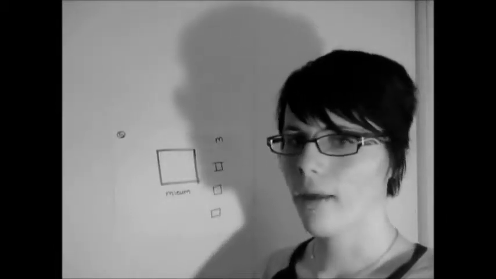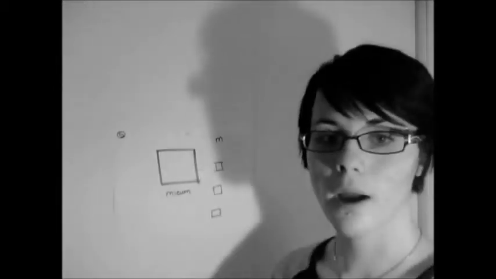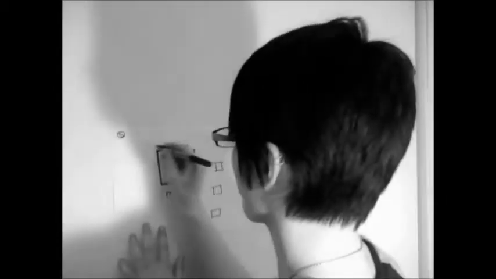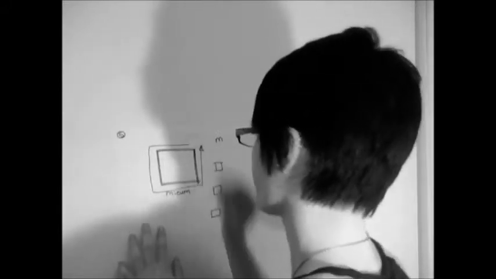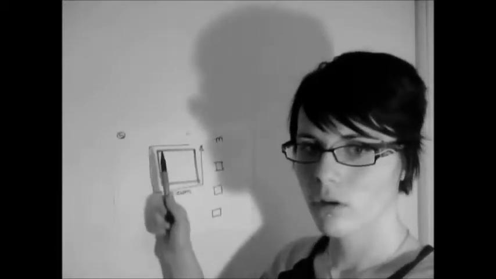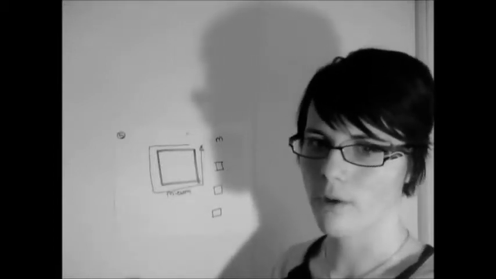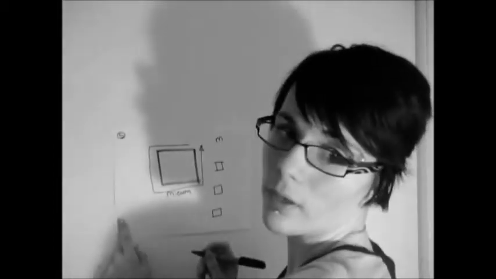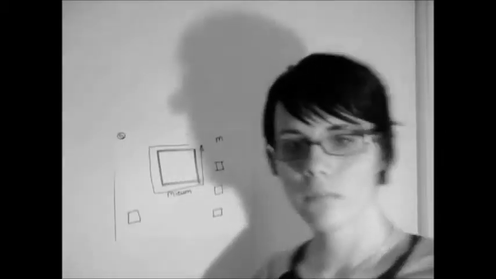You just have to get a box. I like to write mine from the top corner to the left, and then down, and then to the right, and then up, without taking my pen off the page. So I'm going to write it right here. Mieum.